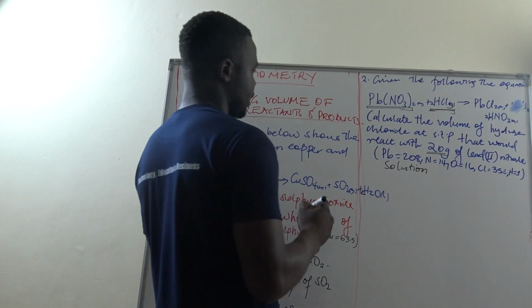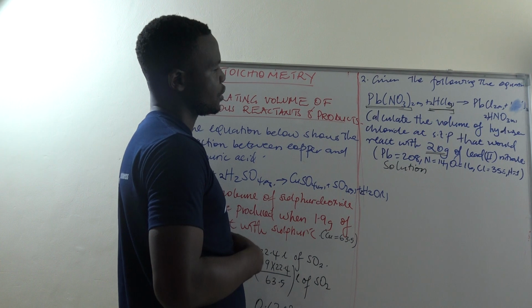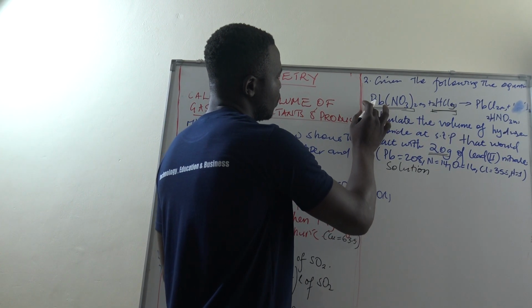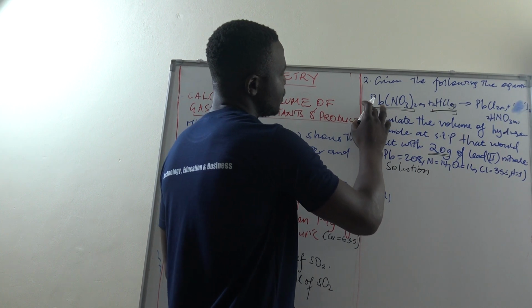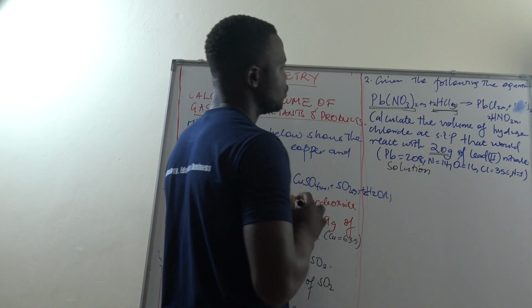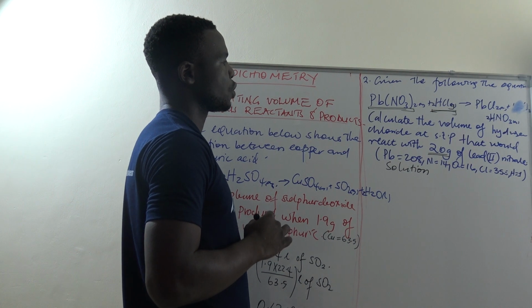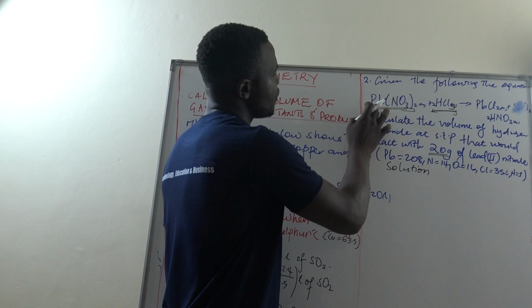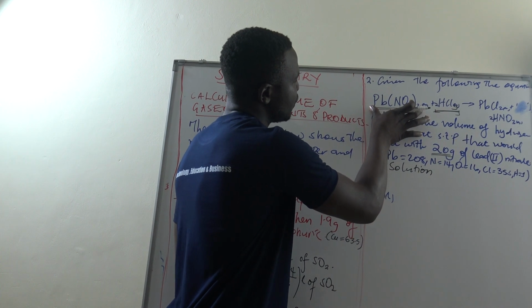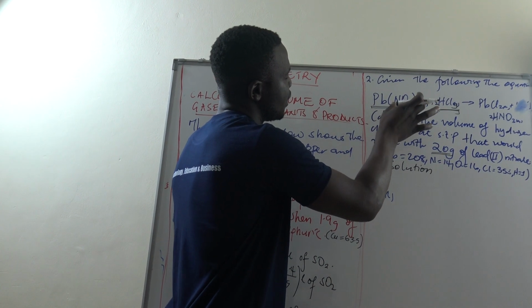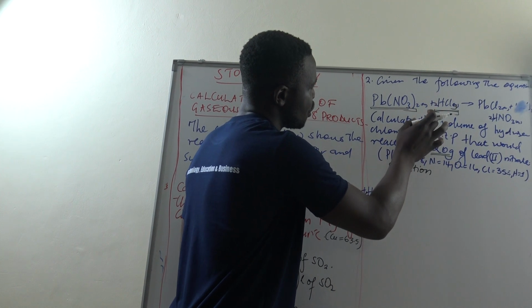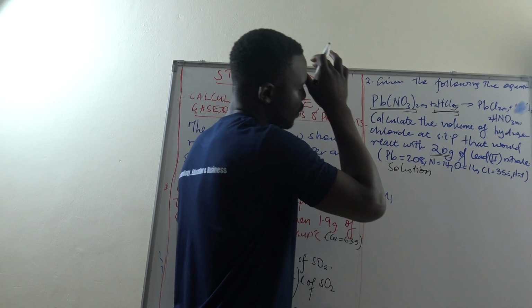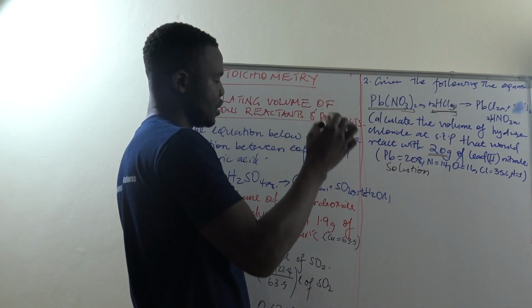We know that 1 mole of lead 2 nitrate reacts with 2 moles of hydrogen chloride. It is the same as saying that the relative formula mass of lead 2 nitrate reacts with 2 times 22.4 liters of hydrogen chloride.